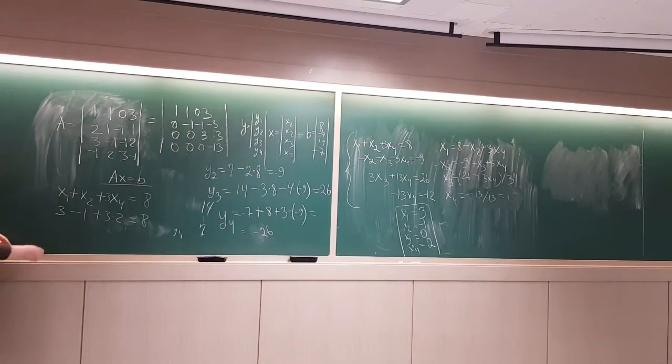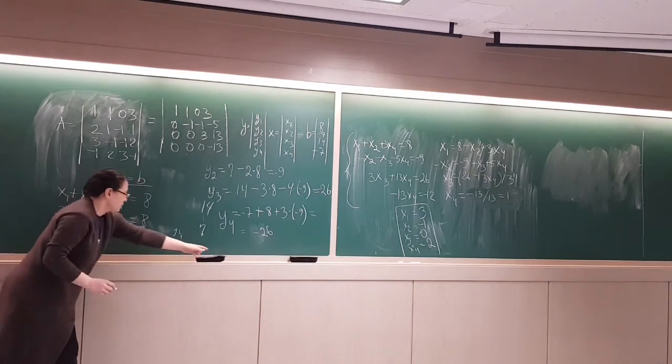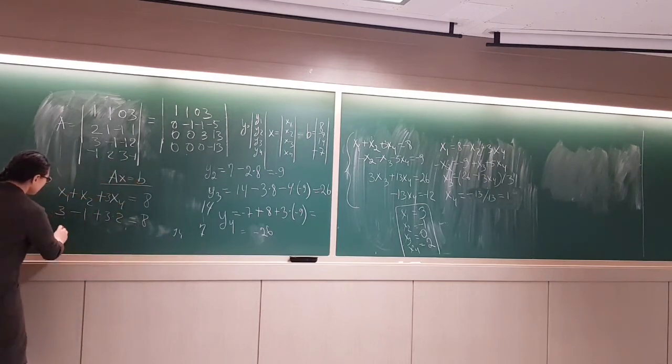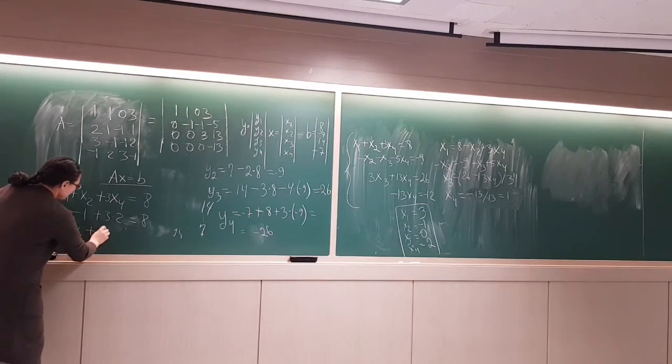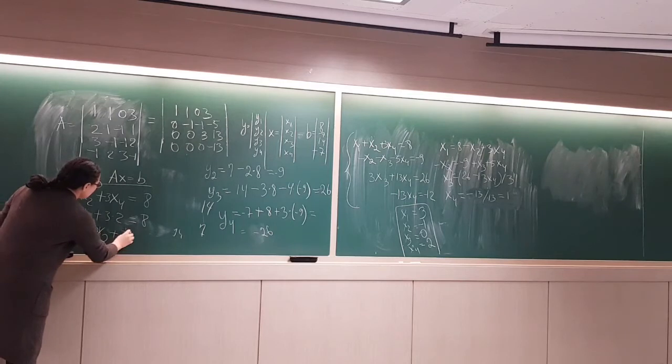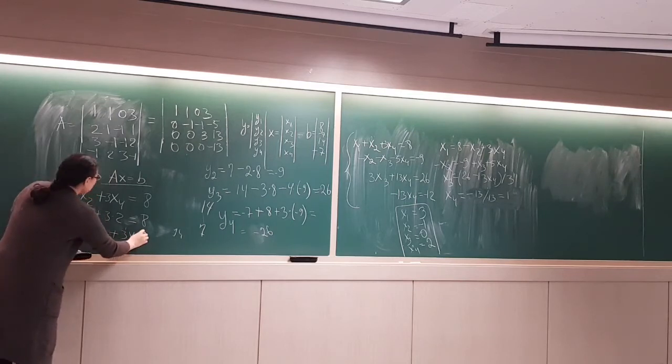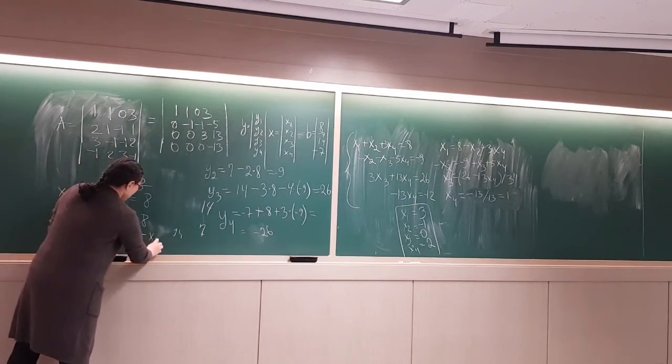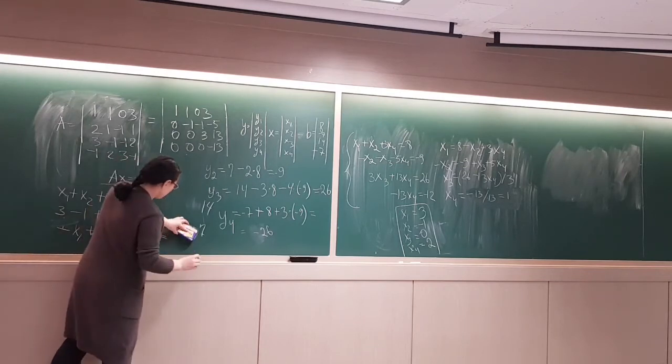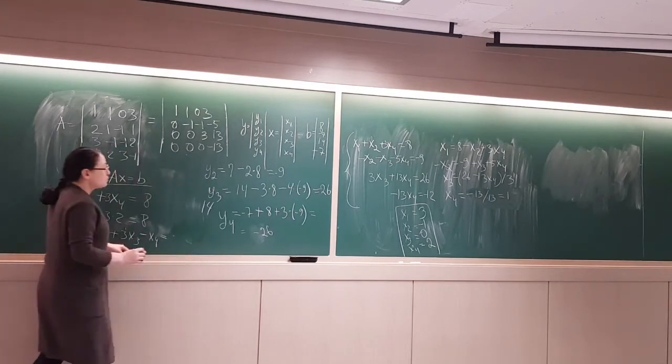Check one more time. This minus x1, it will be minus x1 plus x2, 2x2 plus 3x3 minus x4. Then it must be minus 7.